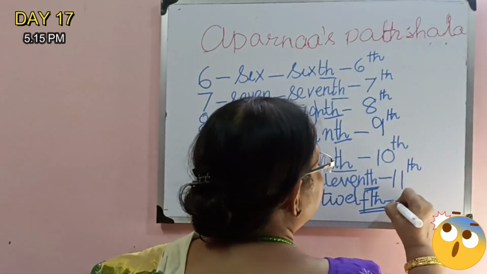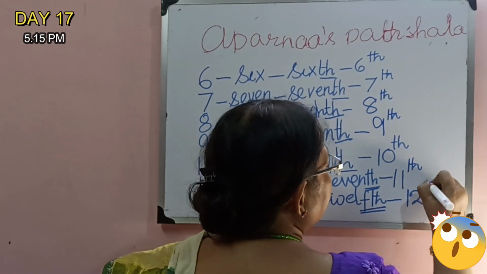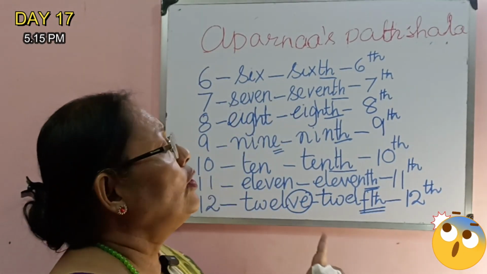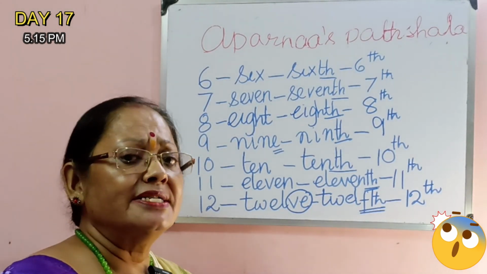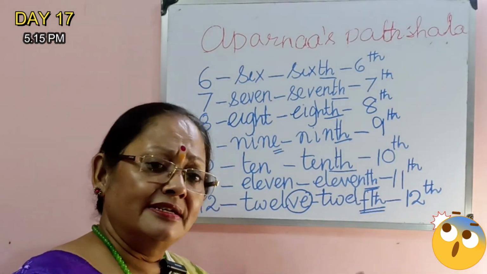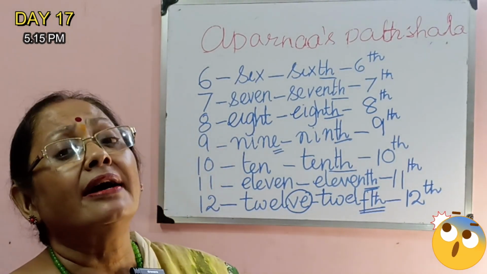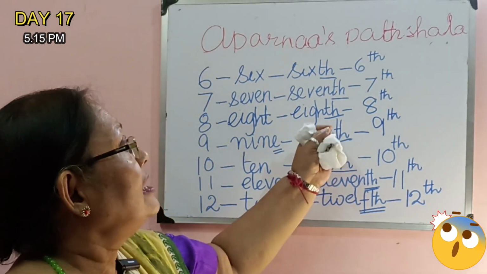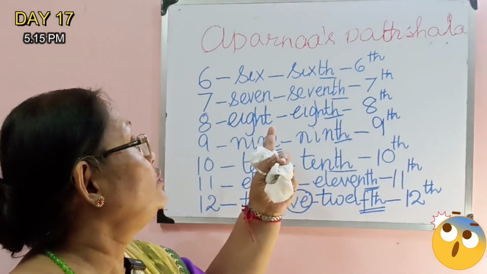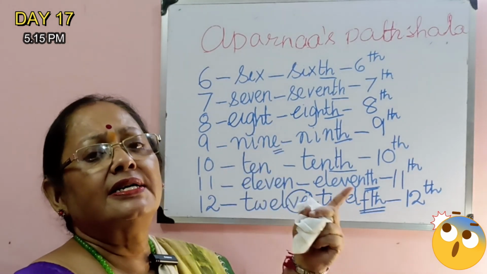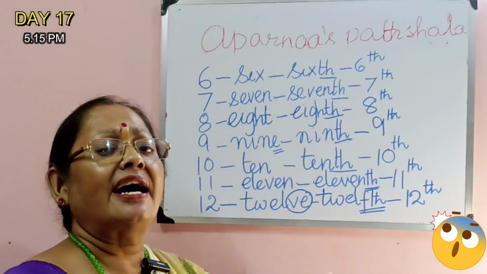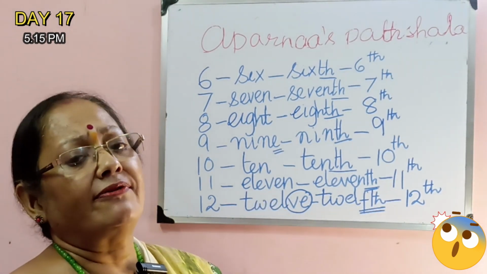Now it becomes 12TH, 12th. So all the 12 ordinal numbers are in my hand, and we have learned it, and you learn it by heart. You open this Aparna's Pathshala and you go through this video, you are able to know first, second, third, fourth, fifth, sixth, seventh, eighth, ninth, 10th, 11th, 12th.